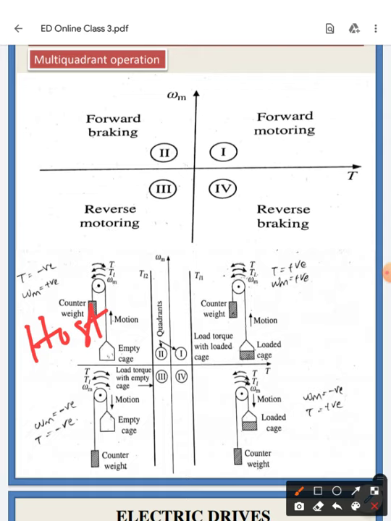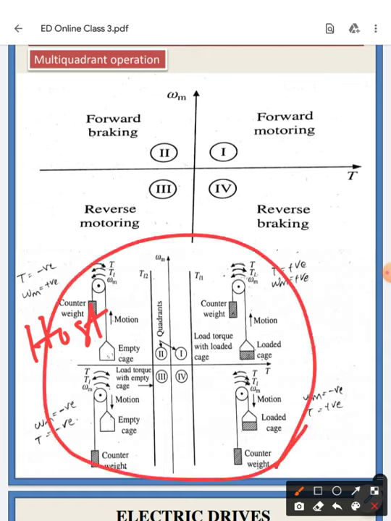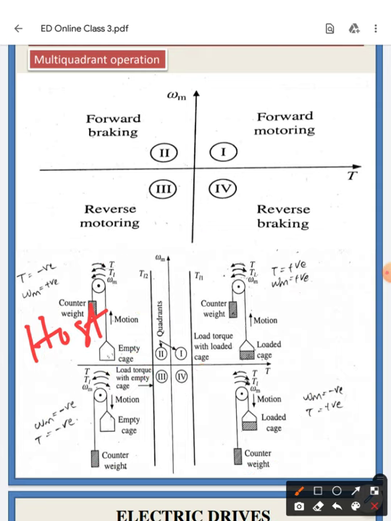That lift operation is all about 4 quadrant operation. Next class we will discuss the lift operation or the 4th quadrant operation, also called multi-quadrant operation. That will be discussed in your next class.